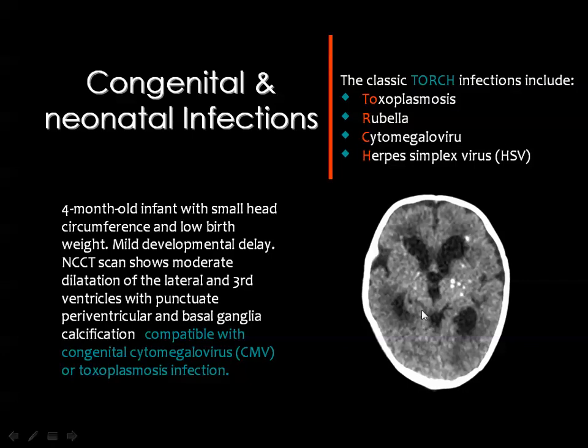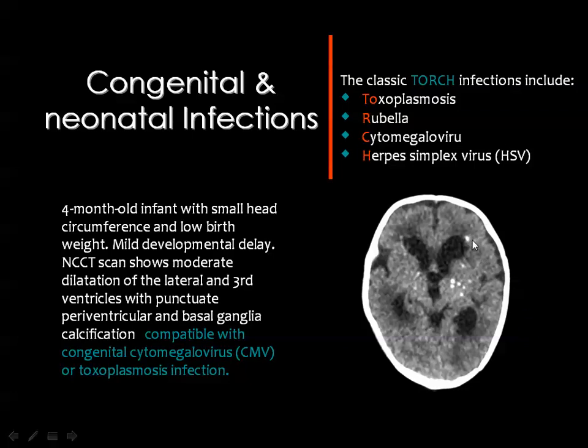Then to start the discussion, we'll first discuss the congenital and the neonatal intracranial infection. These are the classic TORCH infections, which include toxoplasma, rubella, cytomegalovirus, and herpes simplex type 2. All these inflammatory conditions usually present with what's known as intracranial periventricular calcification.